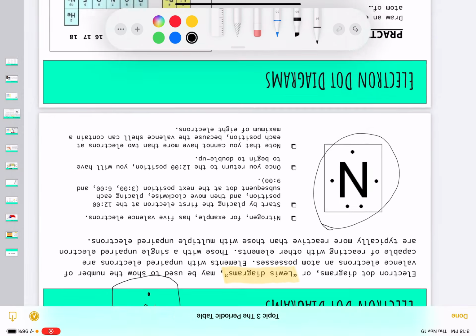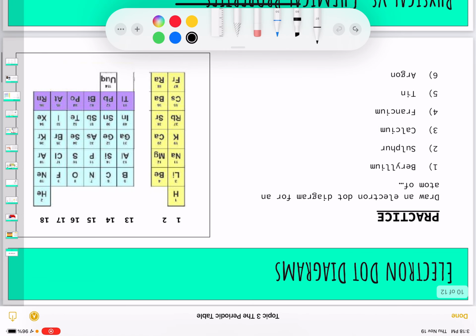Okay, we're going to do some practice, and it gives us the periodic table to the right, which is really nice. We're going to do beryllium. Beryllium is right here. It is Be. So we write Be. Then we figure out how many valence electrons it has.